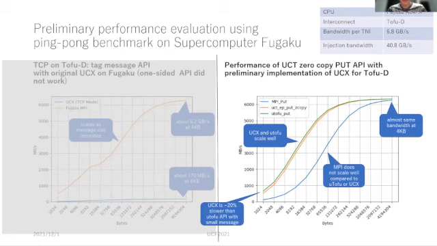So I think by improving the method to flush the queue, we can improve the performance.